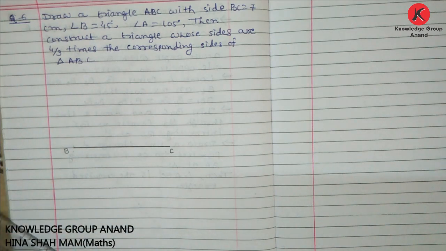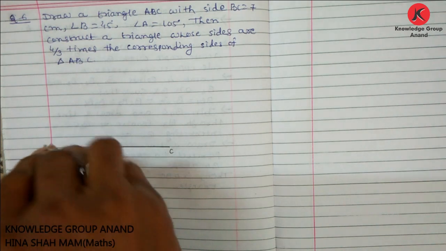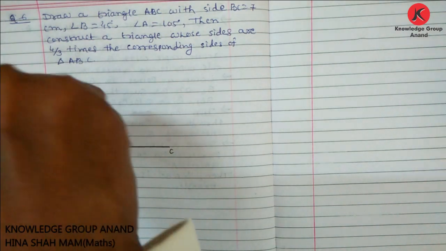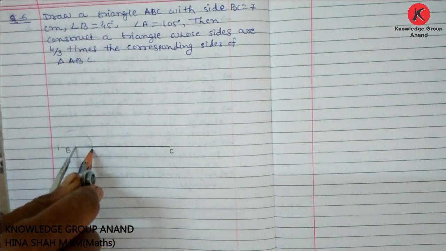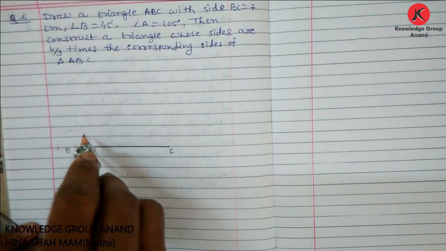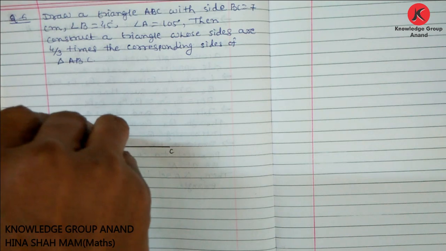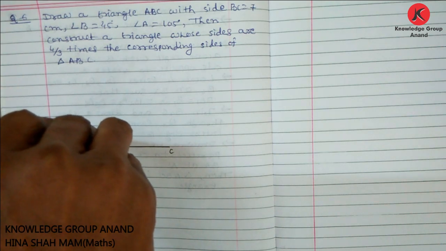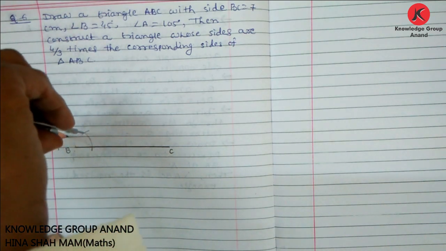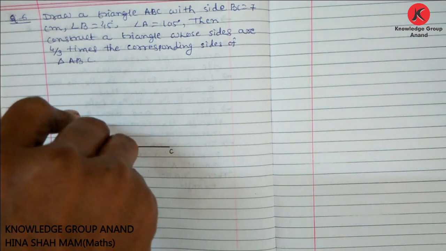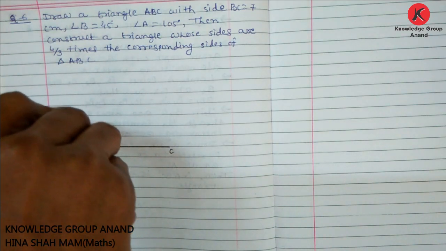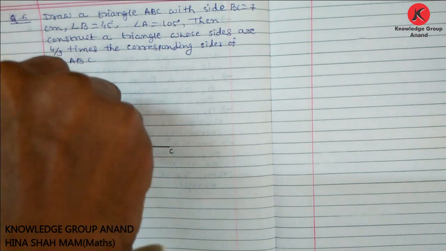Now angle B is equal to 45. First we draw angle B equal to 45. 60, 120. Then we draw 90 angle.